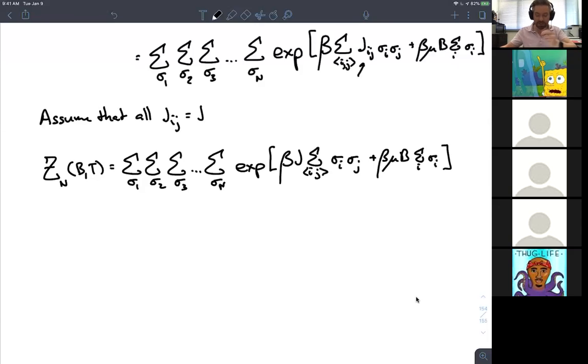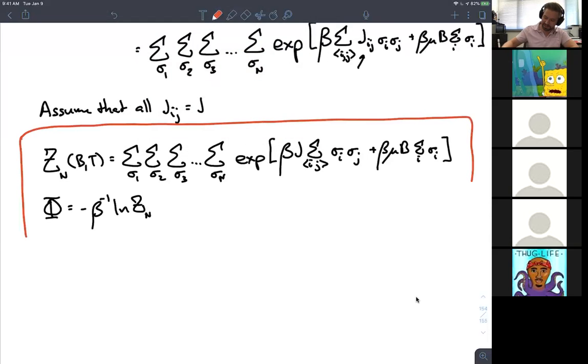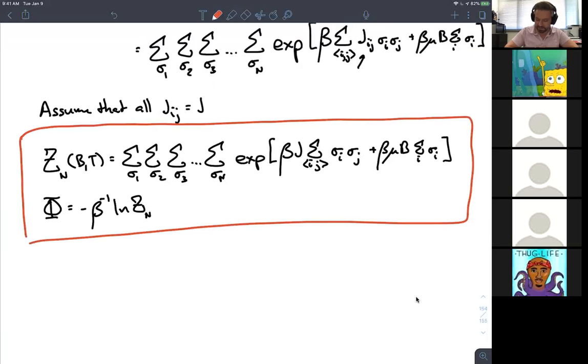Once we have the partition function, then we'll calculate the free energy. And the free energy is just minus inverse beta log Z. And then once we have the free energy, we just start taking derivatives in order to calculate expectation values. So this is what we're going to spend the next several days talking about.